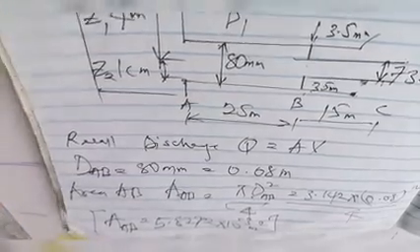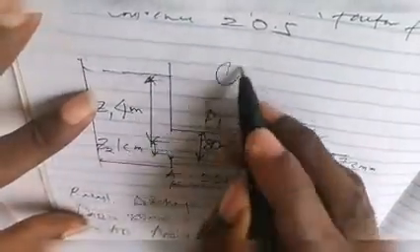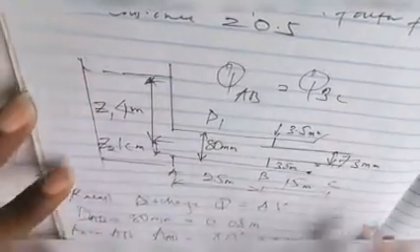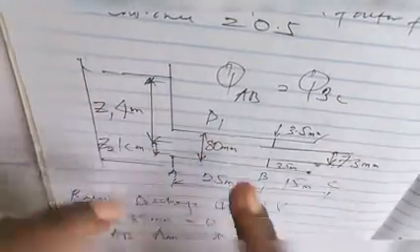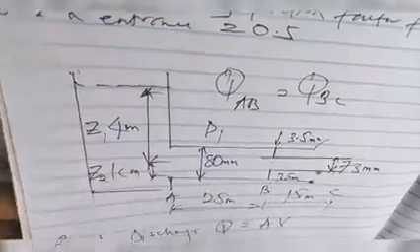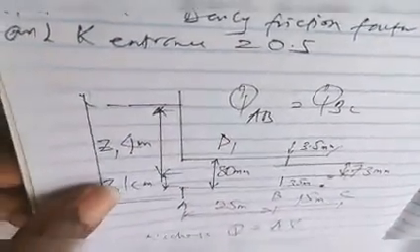So with this area, you can actually find from the continuity equation, discharge in pipe AB equals discharge in pipe BC. For the flow to be continuous through the pipe, both discharges are equal. So that simply means you can easily choose to make the discharge of pipe AB to be the whole discharge in the pipe, or the flow rate in the pipe.